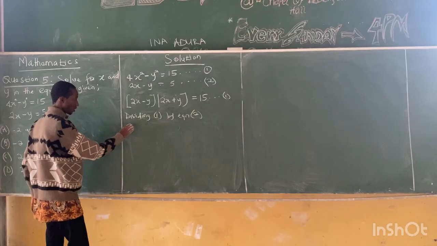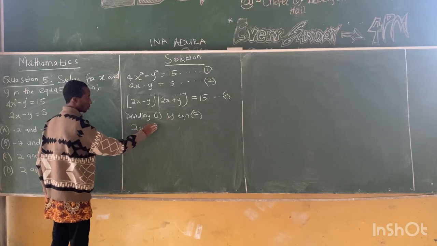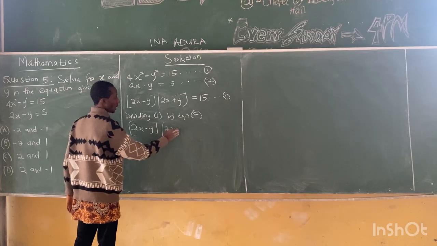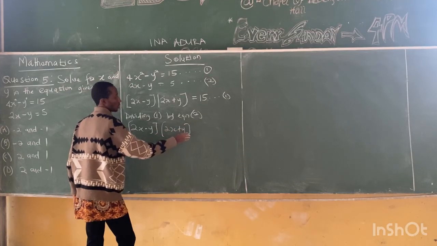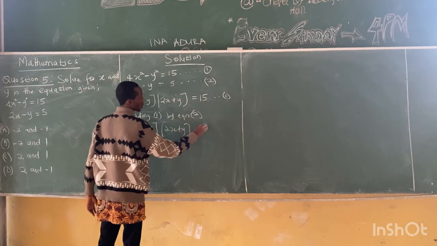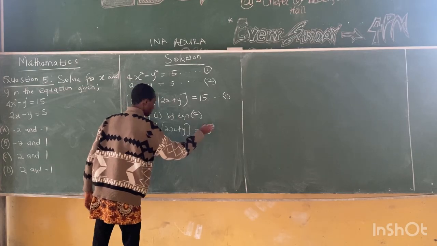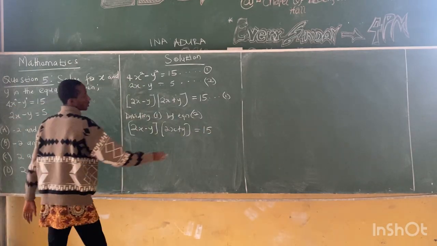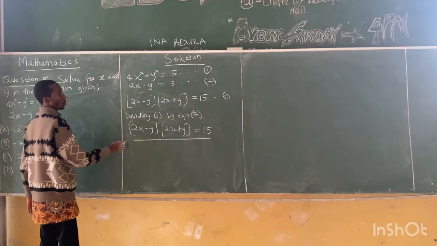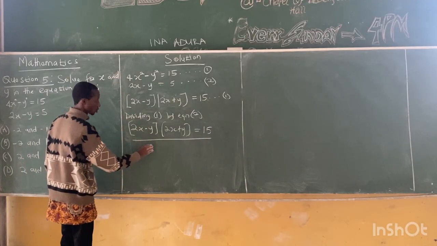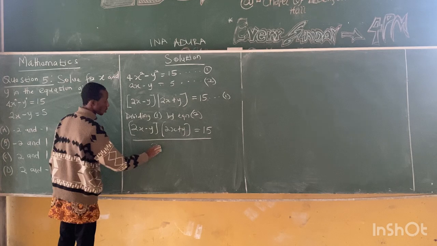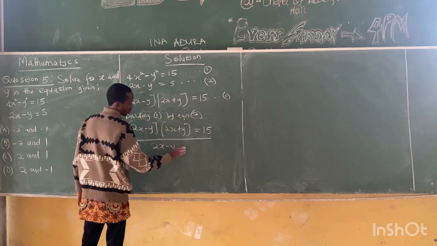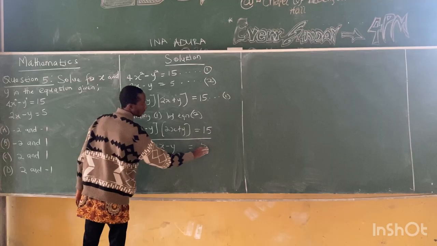So we have 2x minus y into 2x plus y, all equal to 15, divided by our equation 2. Our equation 2 is what? 2x minus y equal to 5.